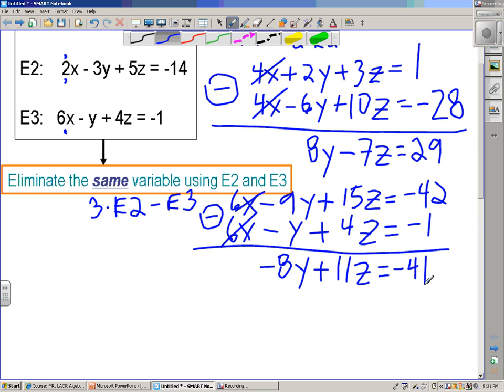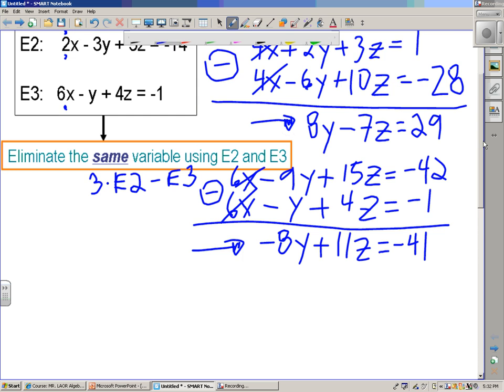Now notice this gives me a new system with two equations and two unknowns, where this is my first equation and this is the second equation. Now we've got to solve that system. When that system is solved, we'll have values for y and z. So let's do that over here.